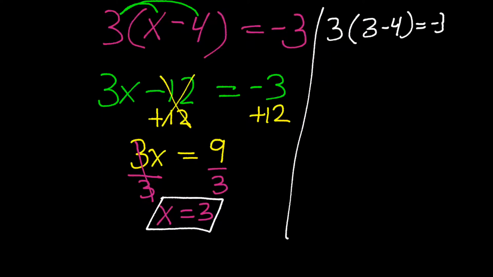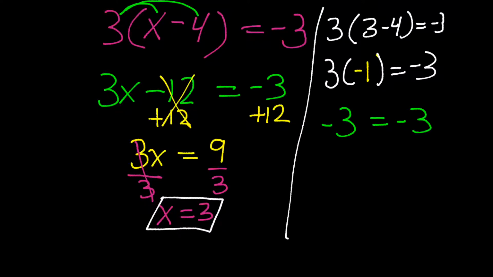We have 3 minus 4, which is a negative 1. So we're going to have 3 times negative 1 equals negative 3. And if I multiply 3 by that negative 1, wouldn't you know it, I end up with negative 3 equaling negative 3. So it works out. We've checked our answer and everything is good.